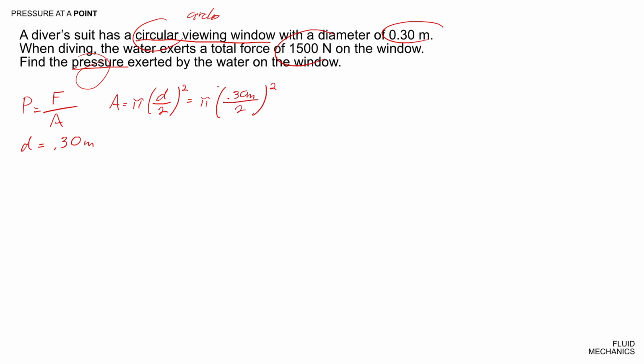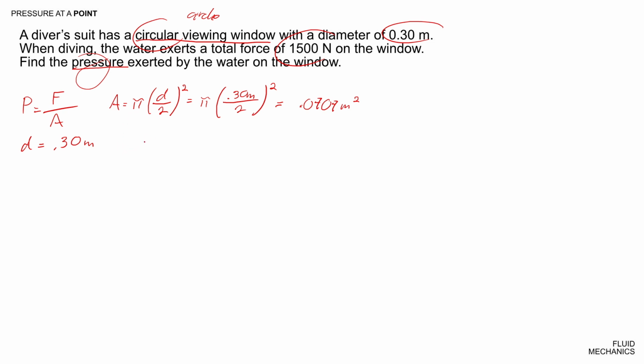Calculating this with your scientific calculator, you get 0.0707 meters squared. This is the area of your circular viewing window.